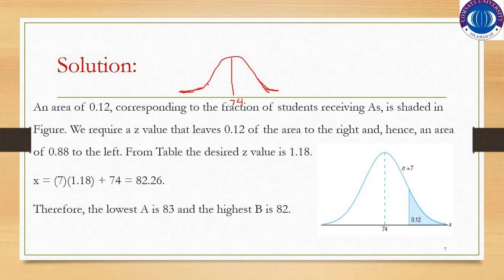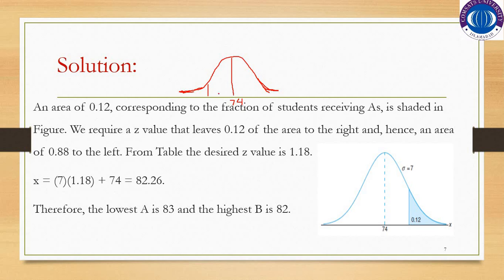This cannot be above here, firstly, because here we have 0.5 area, the rest will be here. And as you know that A is the highest grade and this axis is starting from minus infinity to plus infinity, so it should be at the upper side of the graph, at which the axis has the greater values.